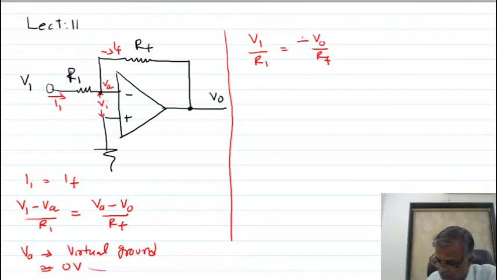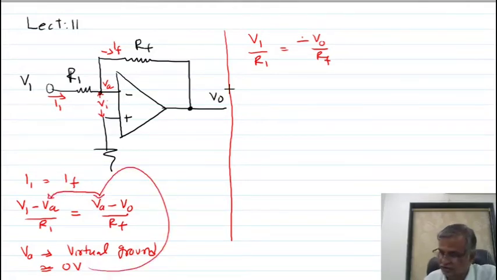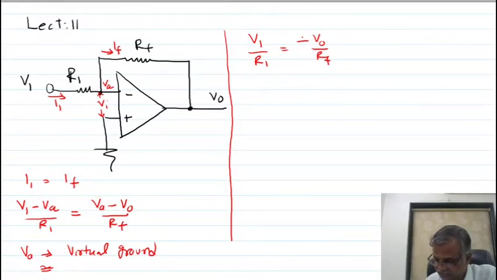So I am putting this value here. By putting VA equal to 0 at this point and this point, you will get this equation. I think you understand this. So I can write VO by V1, called the gain of the inverting amplifier, is minus RF by R1.